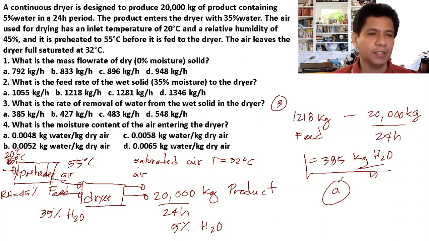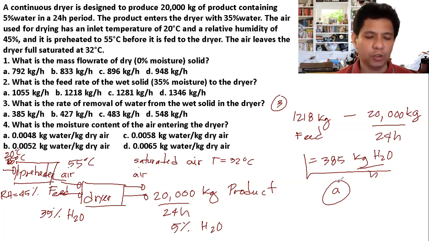So, ang given sa atin is ang temperature niya, 20 degrees Celsius, tapos 45% ang humidity. So, if you still remember the humidity equation, it's 18/29 times pH2O divided by P minus pH2O. So, wala tayong pH2O. Walang given na pressure, so ang gagamitin nating P is 1 atmosphere or 101.325 kilopascal.